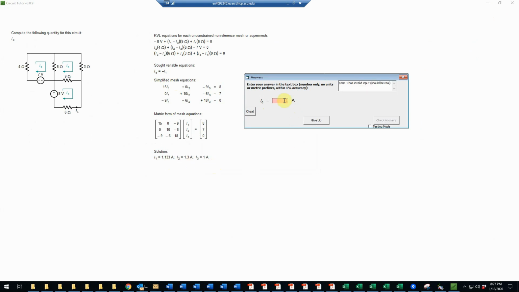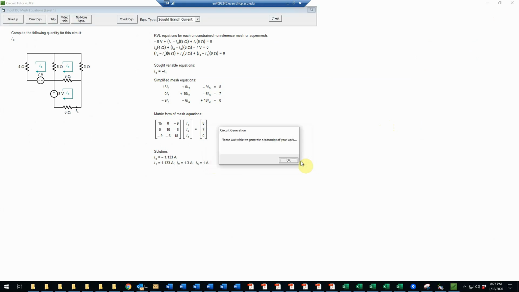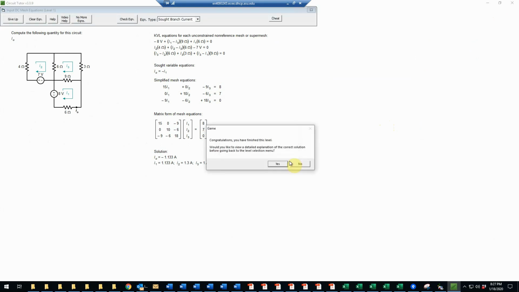That's negative 1.133. And I'll check that. And that is correct. And that completes the problem. So you do have the option of getting a detailed explanation of the KVL equations if you wish to have that.